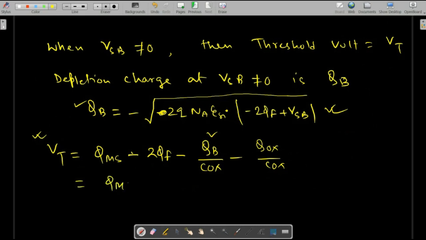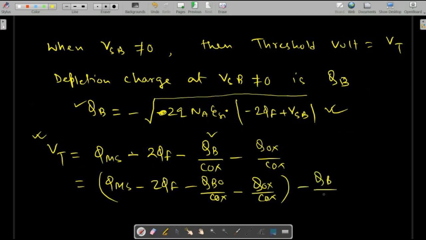Just check: phi ms minus 2 phi f minus QB0 by COX minus QOX by COX. Okay, see, I have written then minus QB by COX. I have written this term extra plus QB0 by COX. Now check whether this line and this line, they are same or different. Just check it. Verify.